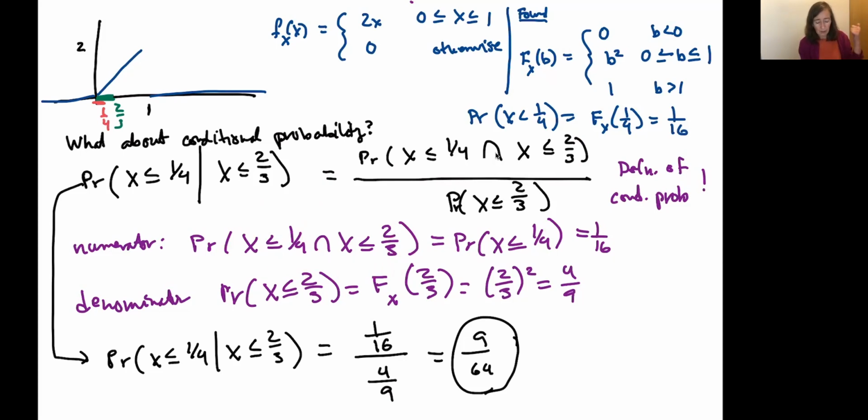So the probability that X is both less than 1/4 and less than 2/3 is just this probability. So that was really the only tricky part of this problem. And that is kind of like, again, going really back to the basics of this course, thinking about sets and intersections. And I used a little picture here. It wouldn't have been wrong to draw a Venn diagram as well, but that's how we got our conditional probability.